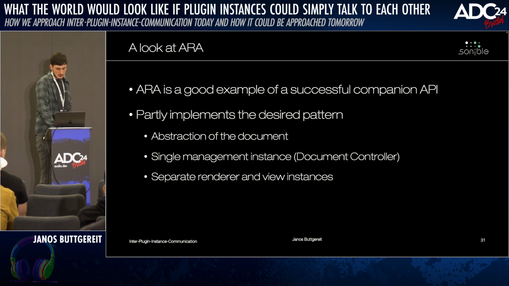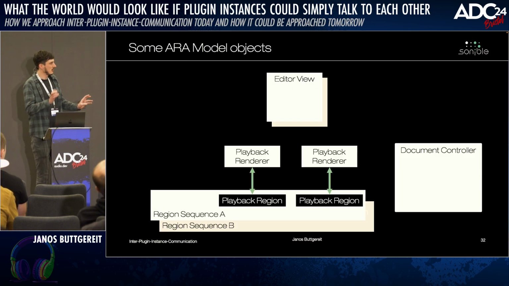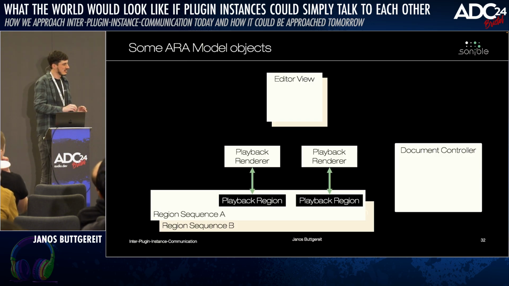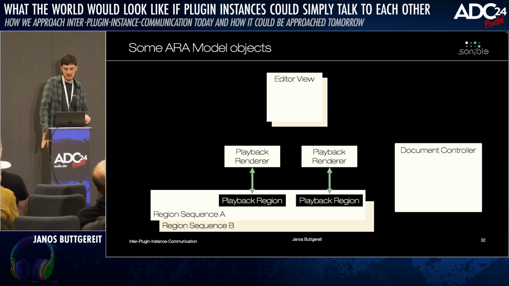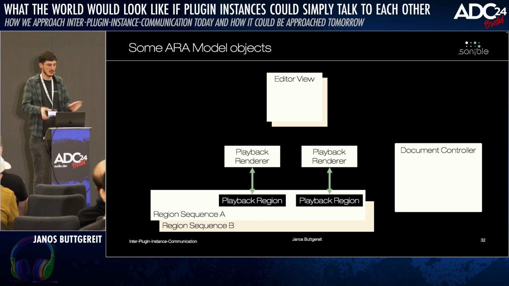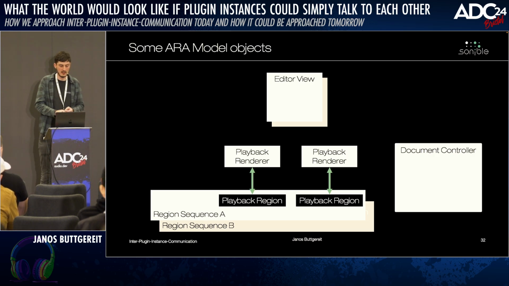This is a really, really rough overview of some of the ARA model objects that exist. This is by no means an in-depth talk on ARA, but I was implementing a proof of concept ARA plugin, and ARA has this concept of playback regions, basically the clips on your audio tracks, and the audio track itself is the region sequence, also modeled by a class.